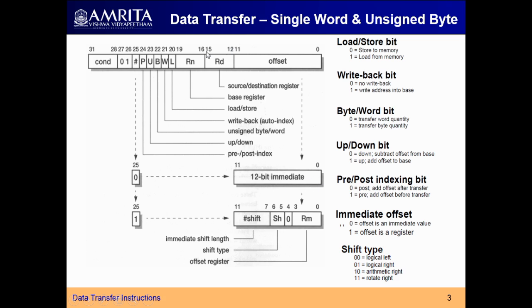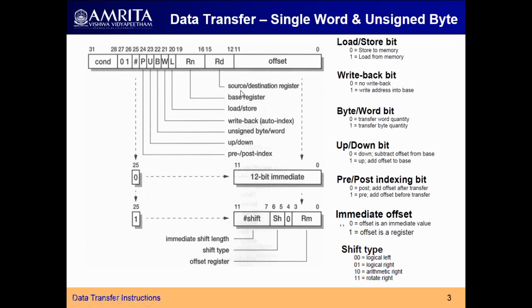Then bit number 12 to 15 is used for encoding the destination register Rd, or source register. If you are using a load instruction, this Rd will be specifying the destination register, because for load you are loading from memory to register. If you are writing a store instruction, this Rd will be representing the source register.